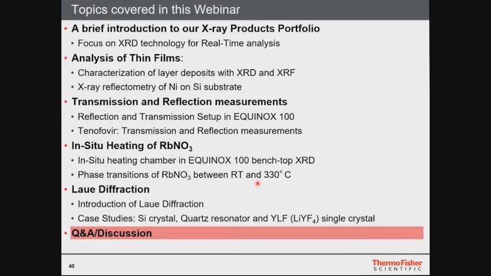Thank you, Simon. Next question we have is, is it possible to measure and characterize liquid crystals? In principle, yes. It depends on which range of 2 theta angles are necessary to be reached, because we are not offering SAXS, so small angle X-ray scattering instruments.